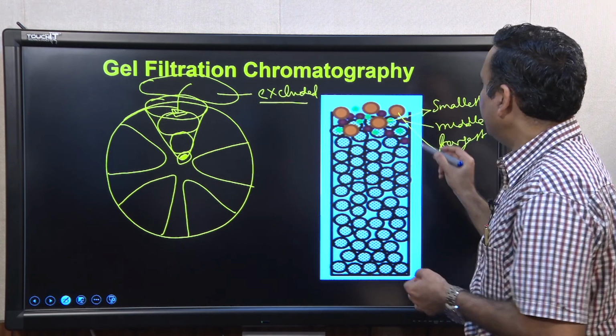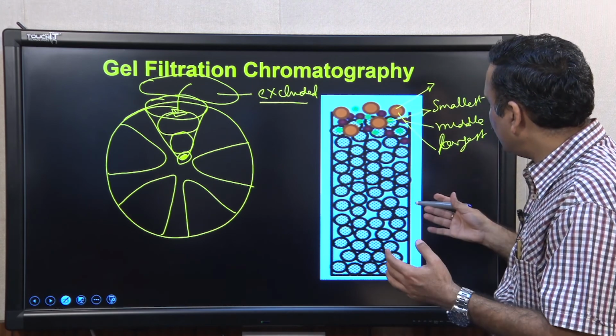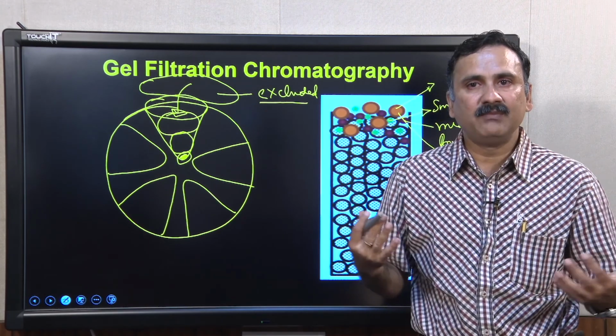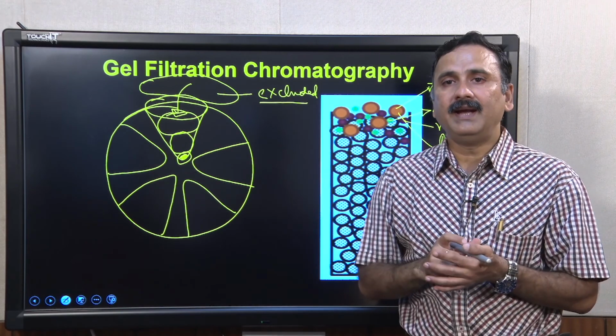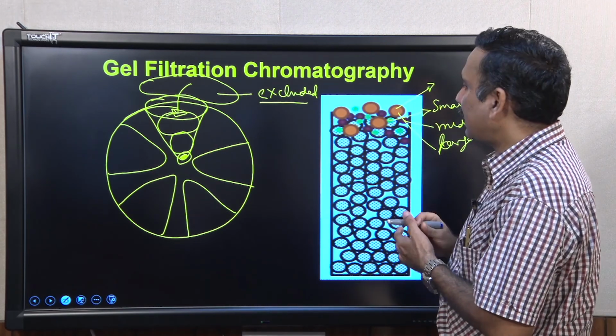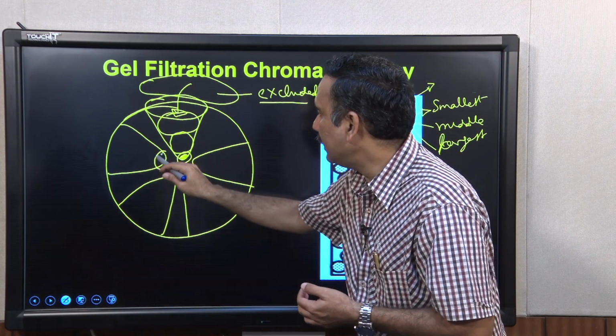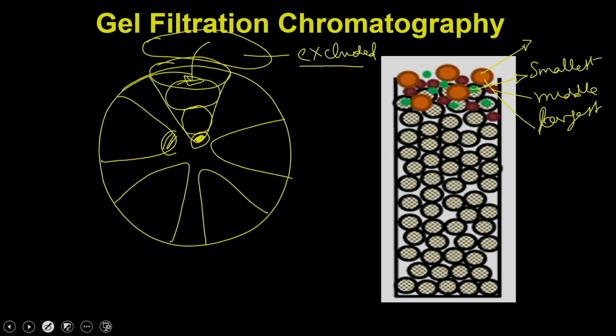Because the orange is the largest molecule, it takes more time to travel throughout the column, and as a result all these molecules compete for entering into the pores. The green enters the pores first and captures the pores present in the first layer, whereas the red, which is of middle size, competes well compared to the orange one, but not as well as the green ones.